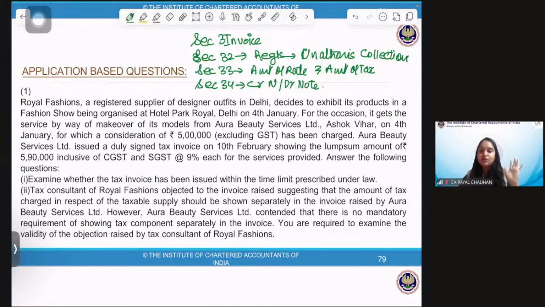So that means unauthorized collection. 33 says now you are registered, right? That means you need to collect tax. Then in order to collect tax, the rate and the amount of tax should be mentioned, right? And in the last 34, which is debit note and credit note. Now never say that you can't learn the section. You've learned the four sections now.